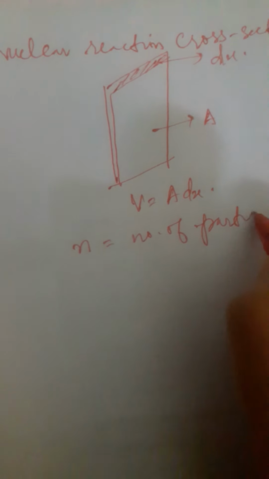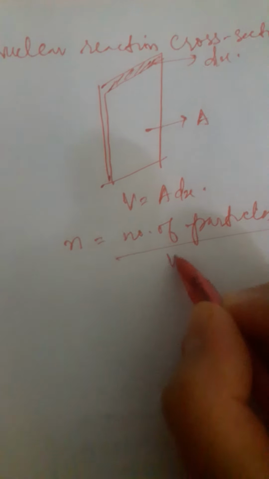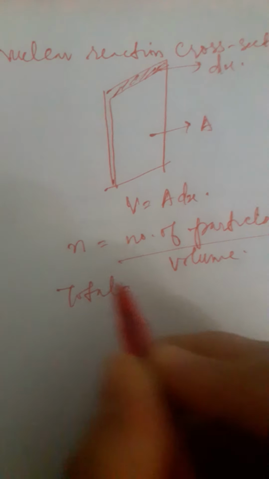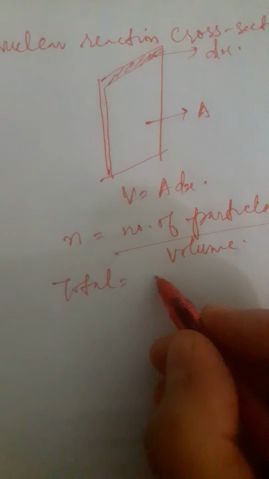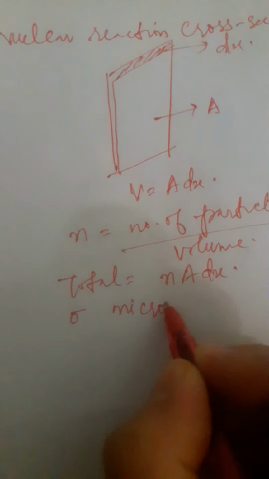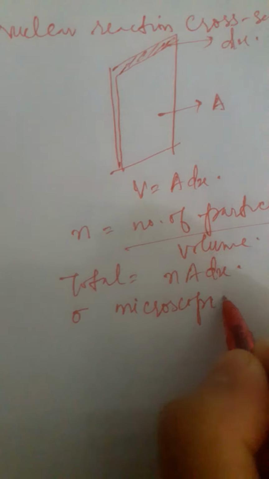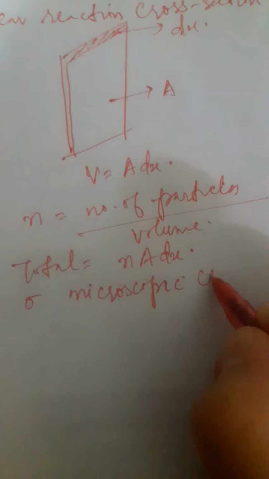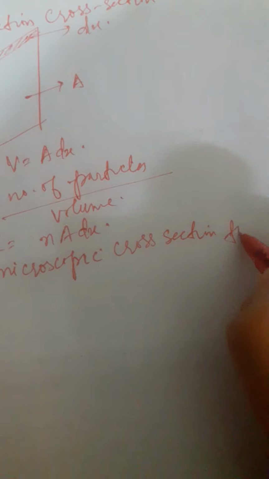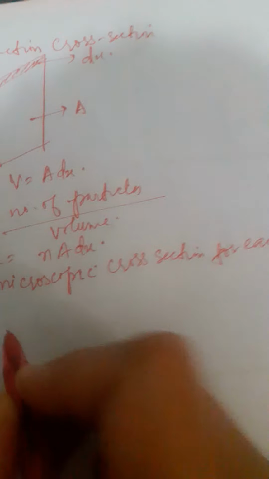Therefore, the total number of particles will be n multiplied by the volume, that is nA dx. Now suppose sigma is the microscopic cross section offered by each particle to the interaction.